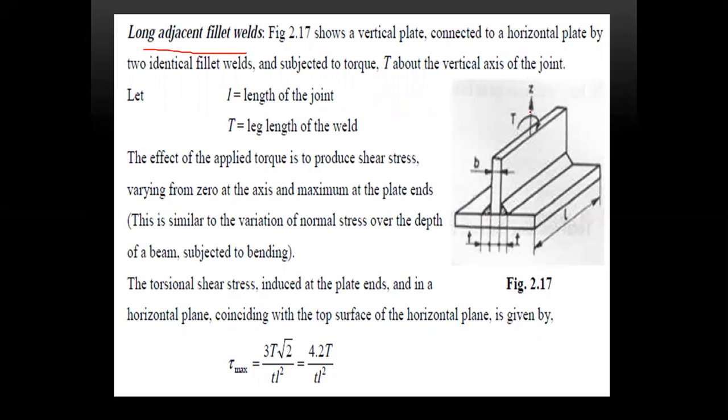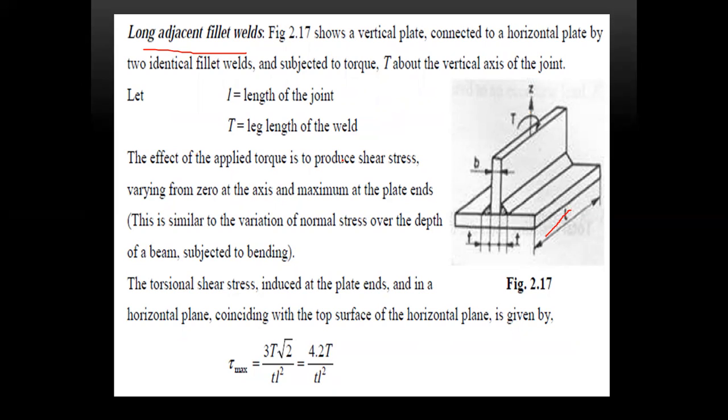Okay, this is a chart. The torque about the vertical axis of the joint. Okay. So capital L is equal to length of the joint, about the vertical axis, t is equal to length of the weld.